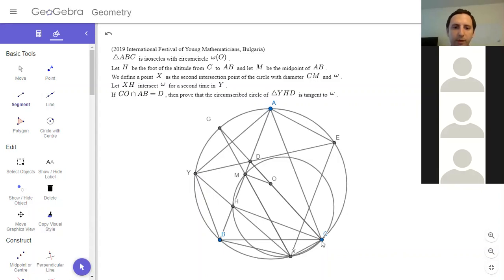I wonder if we could use Pascal's theorem somehow. I just don't know on what. What's a good way to use Pascal's theorem? Or maybe projective geometry.